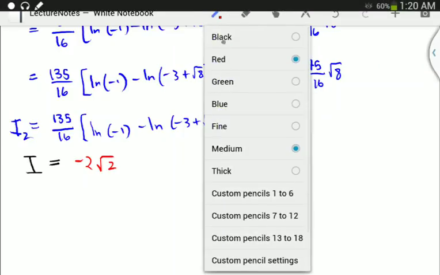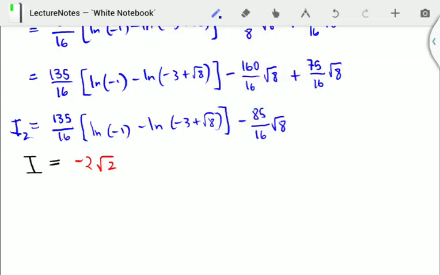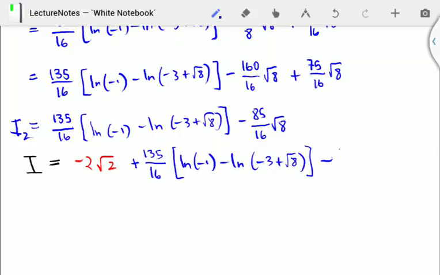And then the second integral, the blue one, is this entire thing, plus 135 over 16 ln of minus 1 minus ln of negative 3 plus square root of 8, minus 85 over 16 square root of 8.